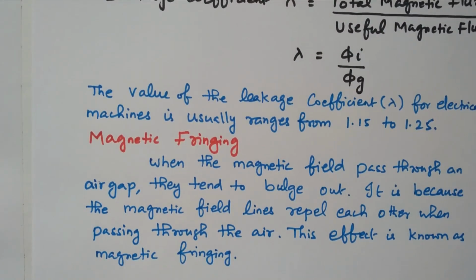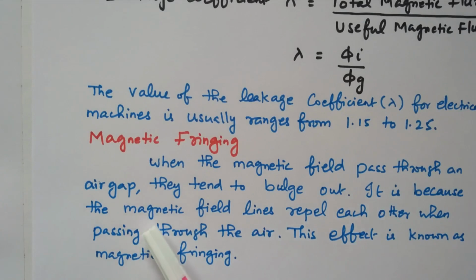So we discussed the total flux, useful flux, and leakage flux. Now we will see what fringing is. When the magnetic field passes through an air gap, it tends to bulge out. Bulged out means it is not following the desired path, it will deviate. So we clearly see in the diagram.